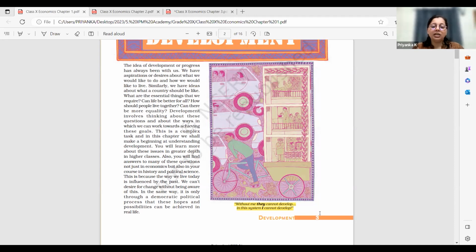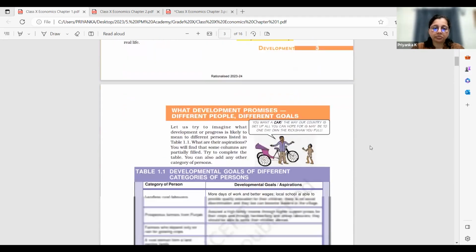So when we as human beings or society members talk about development or complain about development, saying that the government is not doing this, the government is not doing that, we should also understand that it is not just the government or the nation that is contributing to the developmental aspect. We as individuals or society members are also contributing to it. So that's an important thing that everybody should understand about development of an economy.